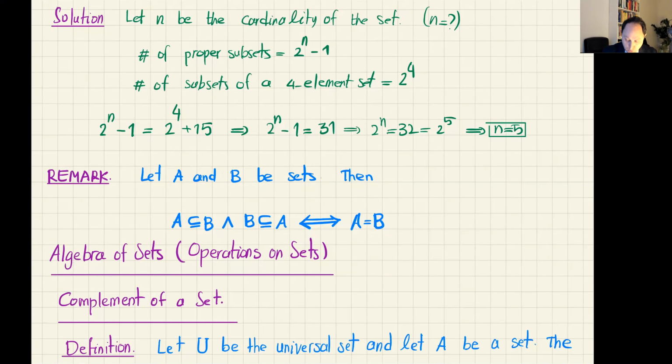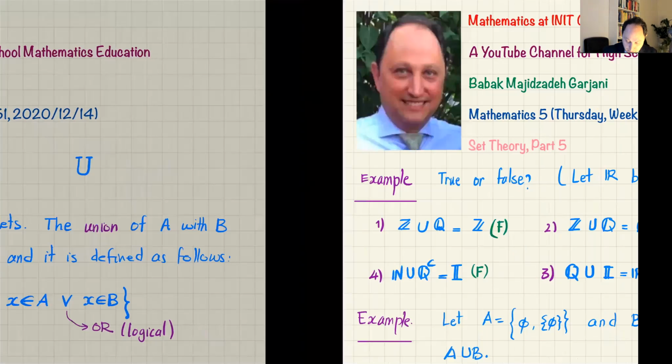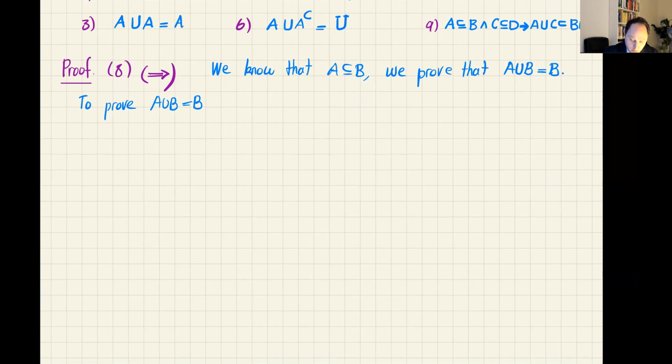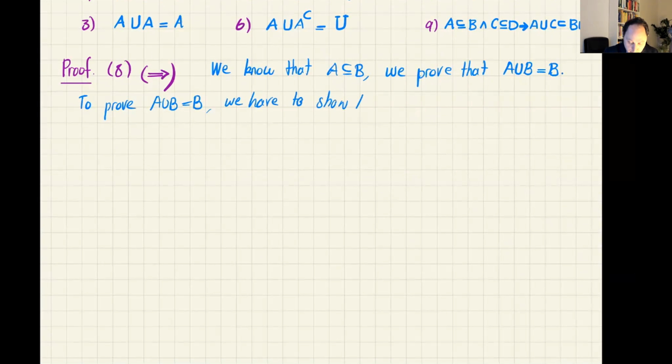Okay, now let us go back to our lesson today here. So here we prove that A union B is equal to B. To prove A union B is equal to B, we have to show that A union B is a subset of B. And let me write it the other way around.